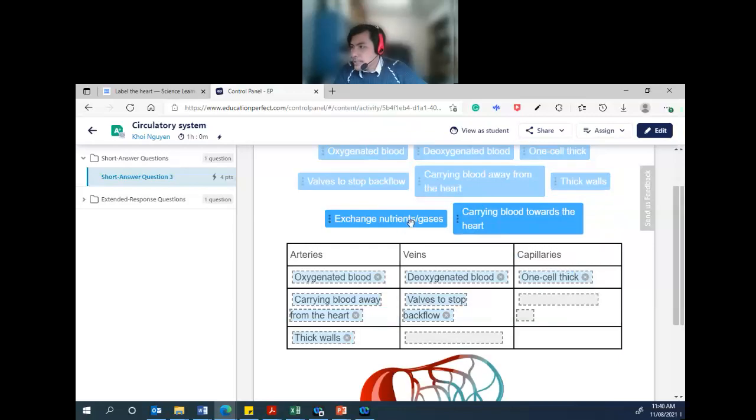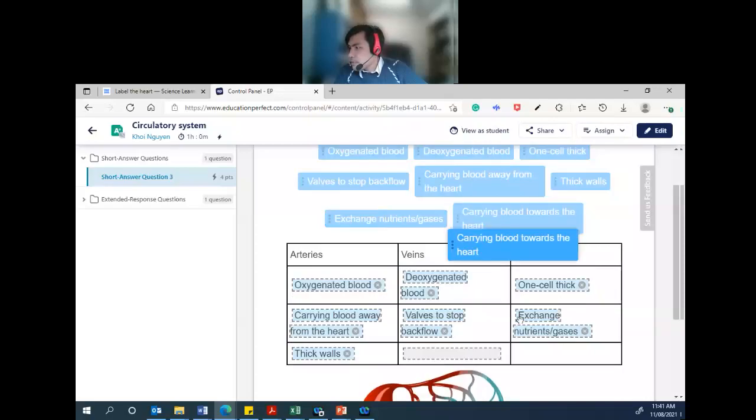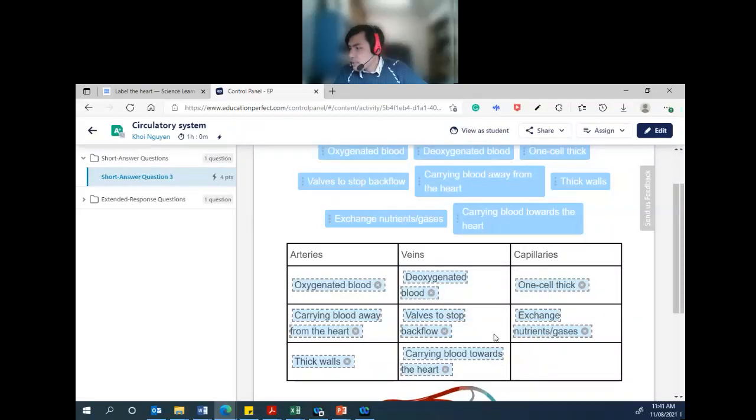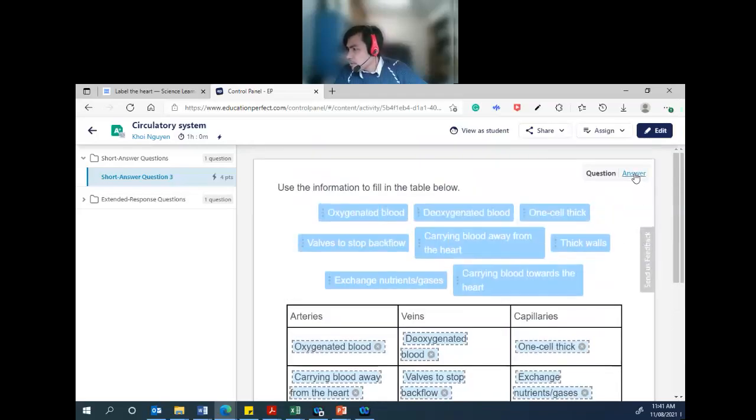And then we got exchange nutrients and gases. Capillaries. We got a few capillaries there. And so the last one, carrying blood towards the heart. That's the veins. Okay, let's see if we got it all correct.